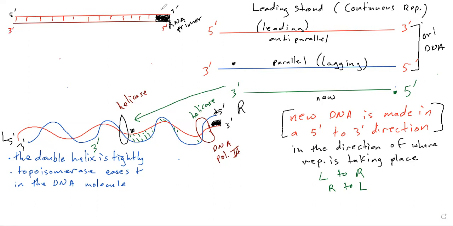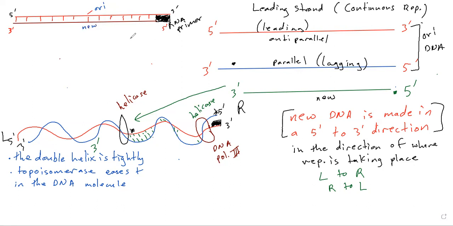So notice your DNA, the two strands are anti-parallel to each other. And as we said, it is semi-conservative because in this new DNA molecule, one of the strands is from the original DNA, and one of the strands is new.